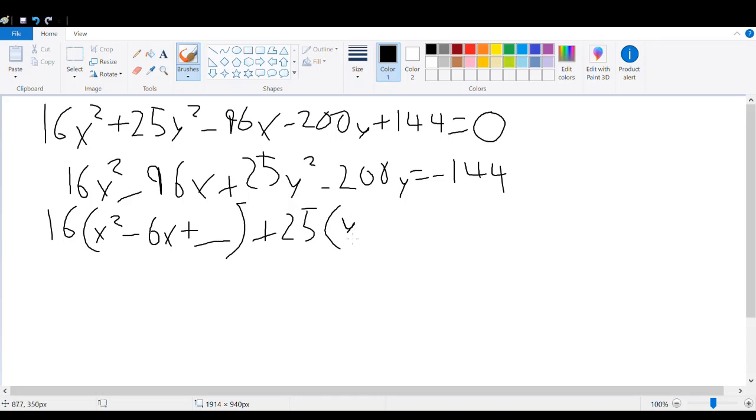How lucky can we get? y squared minus 8y plus blank. I'm not going to do the double blank underline thing anymore. Equals negative 144 plus blank plus blank. Okay.